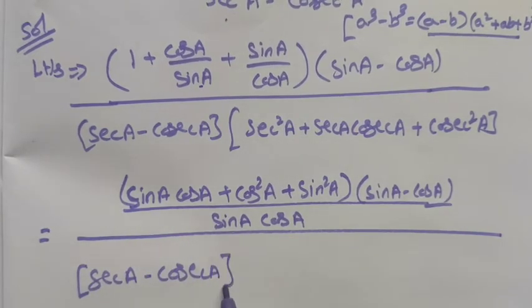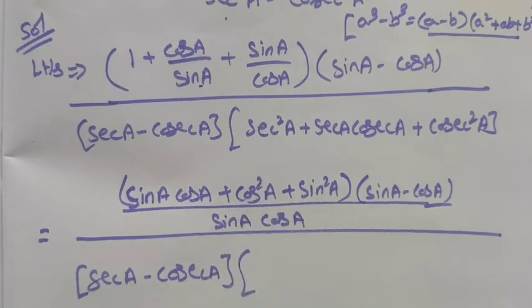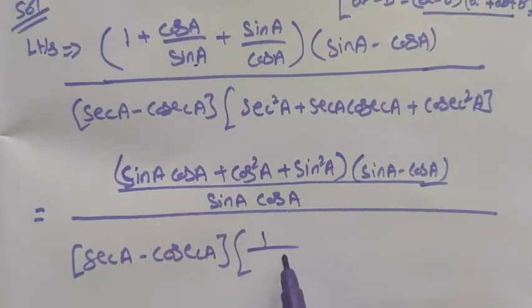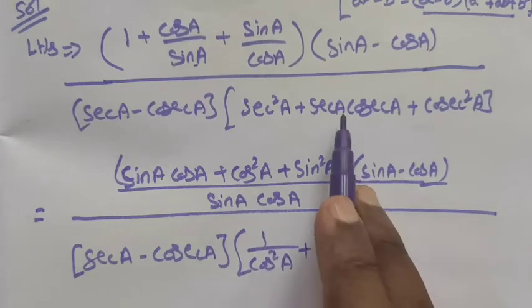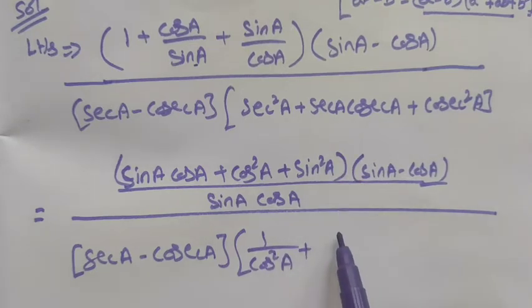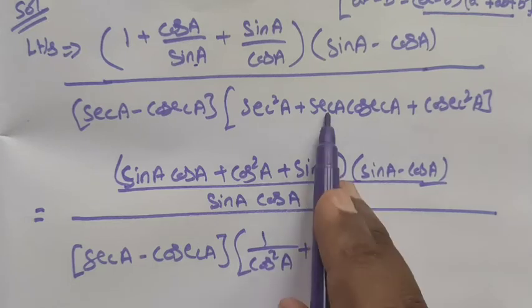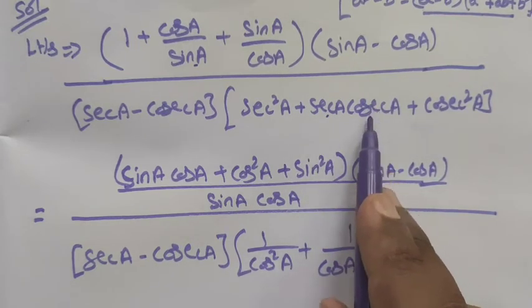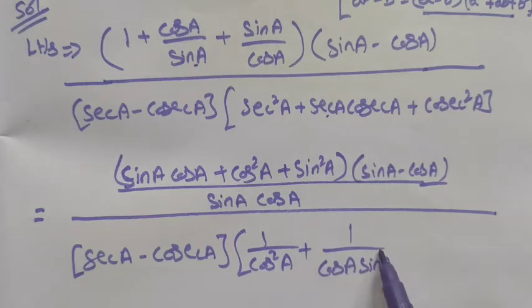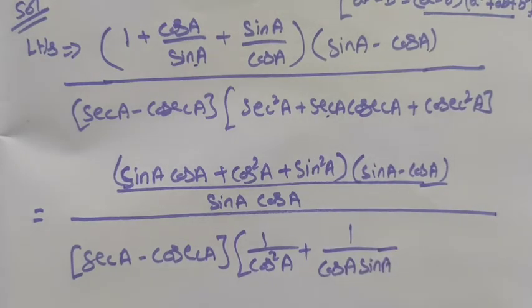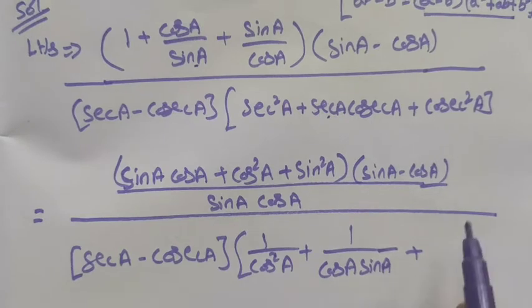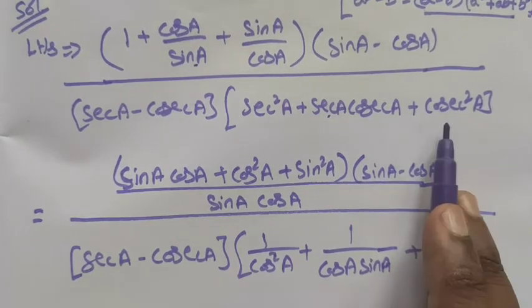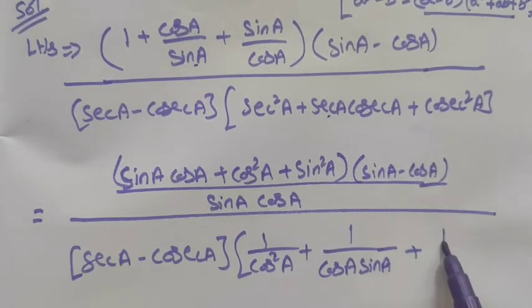Divided by, here I put sec A − cosec A as it is, and then sec²A is nothing but 1 by cos²A, plus 1 divided by cos A sin A, plus the reciprocal of cosecant is sin, so 1 by sin²A.